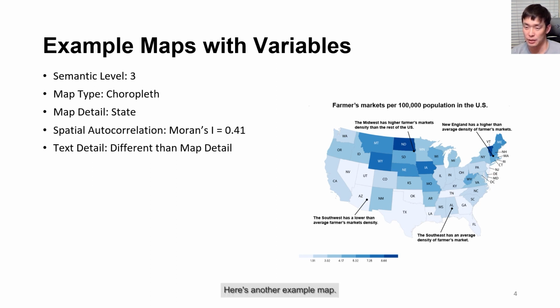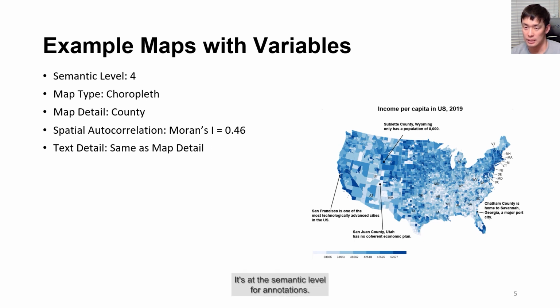Here's another example map. It's at semantic level 4 annotations. It's a choropleth map. It's at the county level. The spatial autocorrelation is measured by Moran's I, with a value of 0.46, and the text detail is the same or aligned with the map detail.